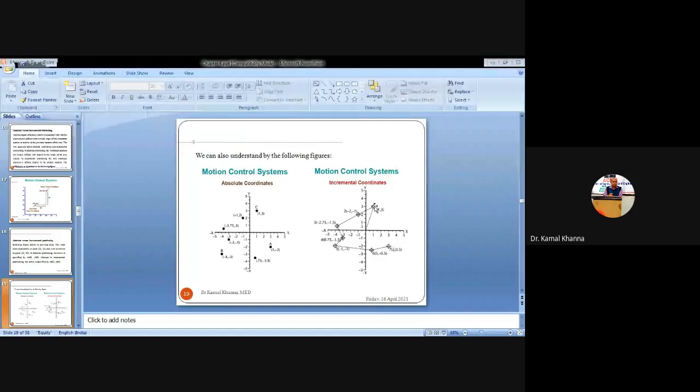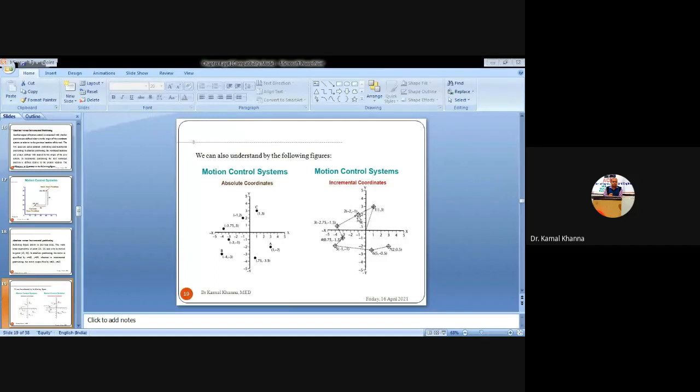When the tool has to move from point A to B, the coordinates of point B are measured with respect to the previous point where the tool has already performed the operation. So that previous point is considered as the origin for the next point.